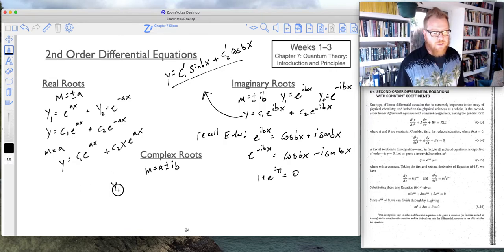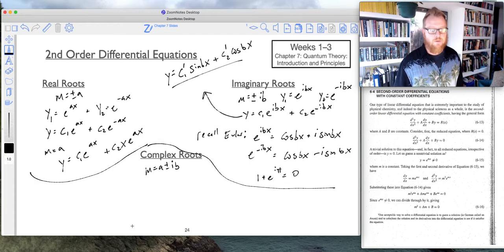My solution 1 is y1 equals e to the a plus ib times x. y2 would be e to the a minus ibx.